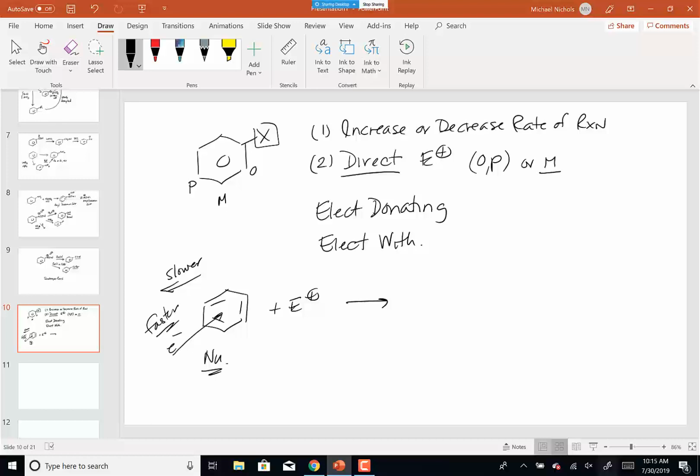So I need to know what my electron donating and my electron withdrawing groups are. They go by another name usually, or synonymously. Electron donating groups, since they make the reaction go faster, are called activating groups. And electron withdrawing groups that make the benzene ring react slower are called deactivating groups.